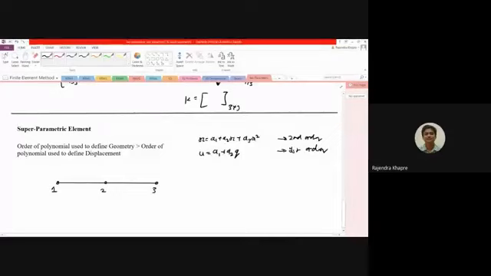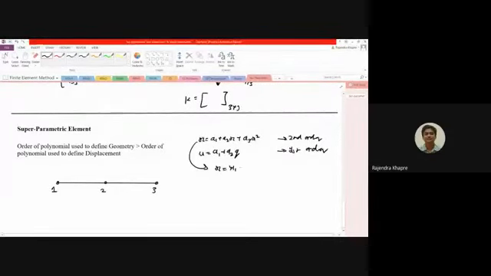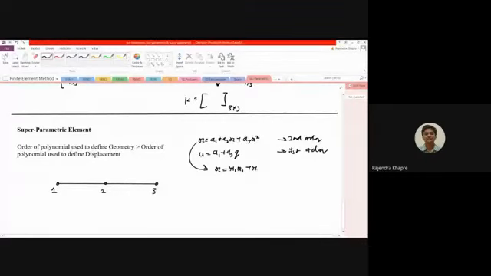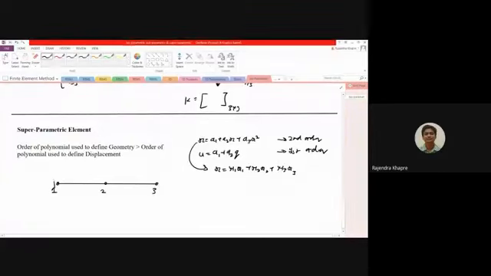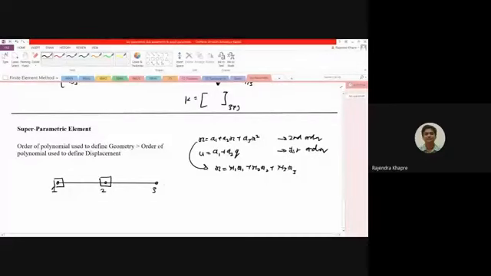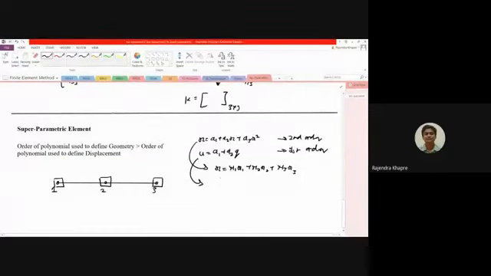Now if you use this, x can be written as n1 x1 plus n2 x2 plus n3 x3. Because this is of second order, you will be getting 3 nodes. So basically you are using all 3 nodes to define the geometry, but to define the displacement you are using only 2 nodes.